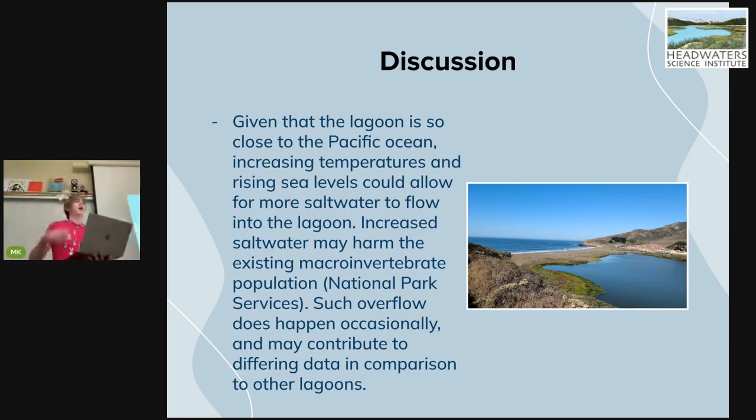Nitrogen is a limiting factor for plants, so it will often cause a large influx in plant levels, and this can lead to what's called eutrophication, which does often deplete the oxygen levels in the aquatic system. There you would see a decrease in macroinvertebrate presence, or that would be likely. But since we had no correlation there, it's hard to say. It's hard to compare any similarities or differences.